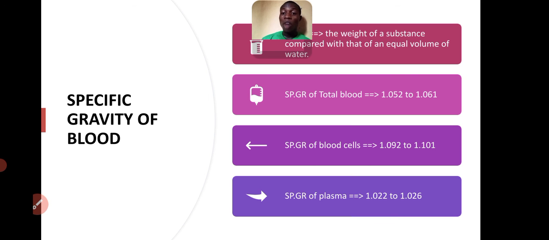Specific gravity of plasma is 1.022 to 1.026.